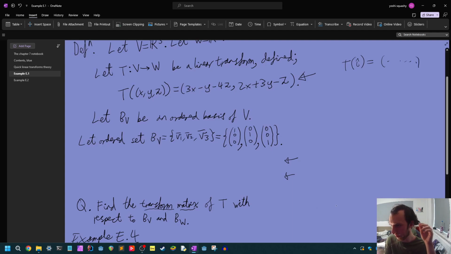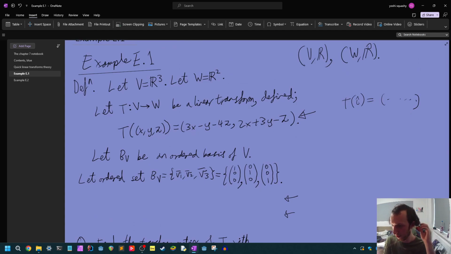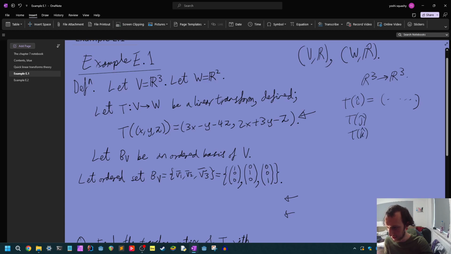Let's say we're going from R3, for a different example, maybe to R3. One way you could define a linear transform is you could say, for each basis vector, where does it go?